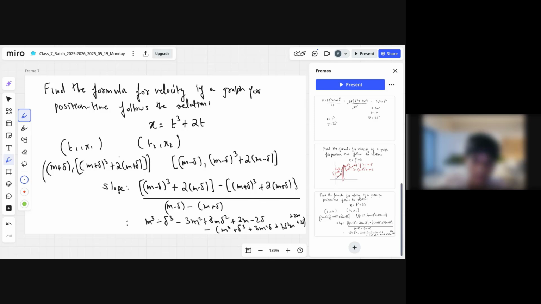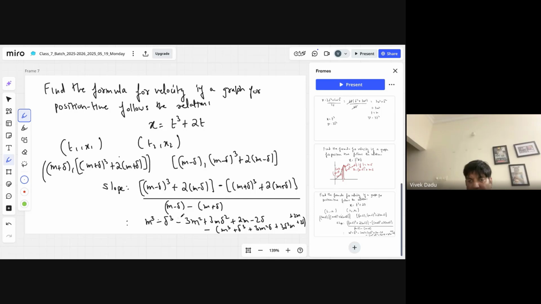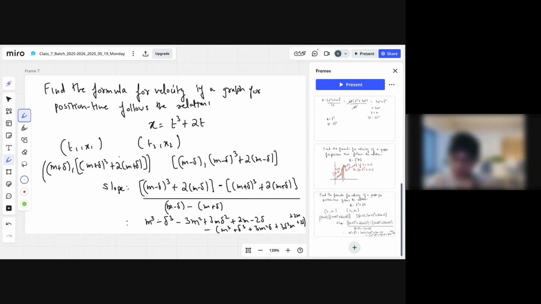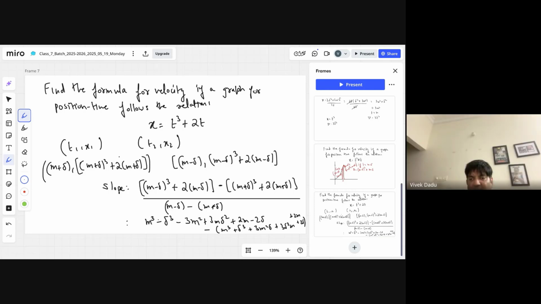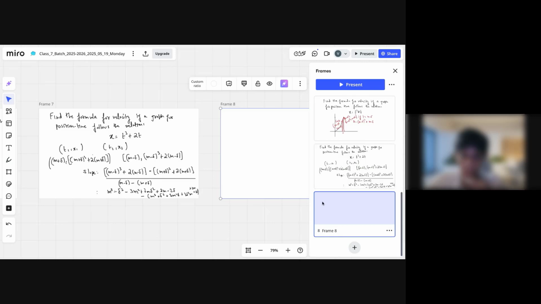By 2 delta, right? Or minus 2 delta. Yes, sir, minus 2 delta, because m minus delta minus m minus delta. So minus 2 delta. We will write minus 2 delta next page.